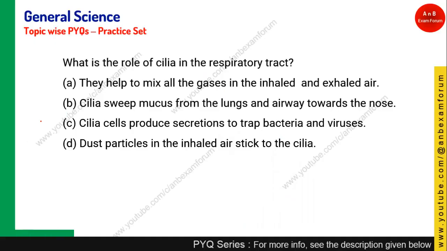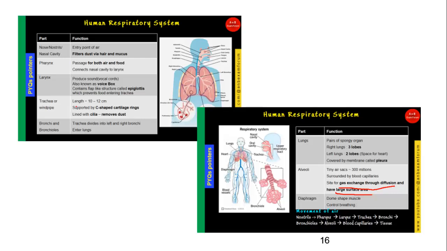What is the role of cilia in the respiratory tract? As you have seen in the previous slide, cilia are present in the trachea or the windpipe. So this is the windpipe. Cilia line the windpipe, and the main purpose is to remove dust. Whenever you inhale air from your nostrils, if dust comes here, the cilia can remove it by expelling it back toward the nose.